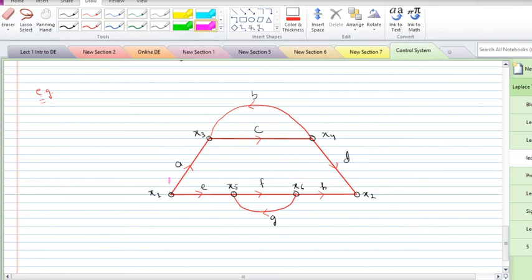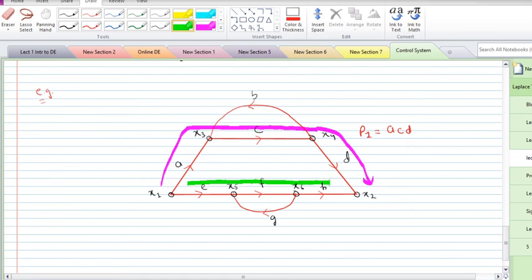You can move from this node to this node, and from this node to this node, and then to the final output node, starting from the input node to the output node. Let us suppose this is path P1, with transmittance A, C, D. Another path is this one, so this is your P2 forward path, which is E, F, H.